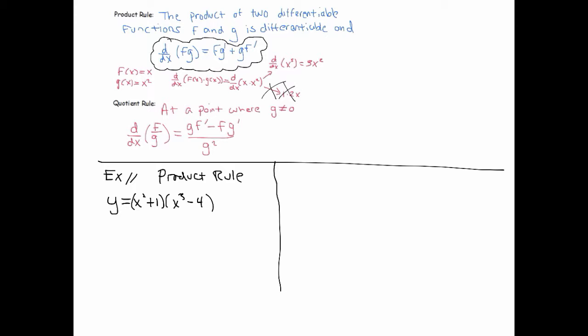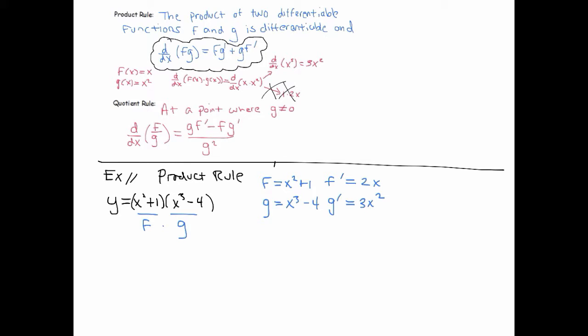We notice that this is a product of two functions, and I'll call that one f and I'll call that one g. So if we go off to the side here, we're calling f x squared plus 1, we're calling g x cubed minus 4, and if I look up at the product rule, I'm going to need the derivatives of both functions, so I might as well calculate them now. f prime is 2x, and g prime is 3x squared.